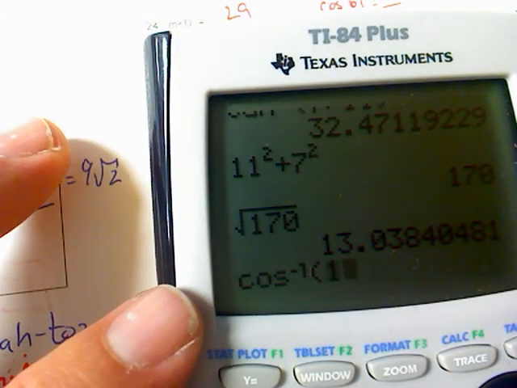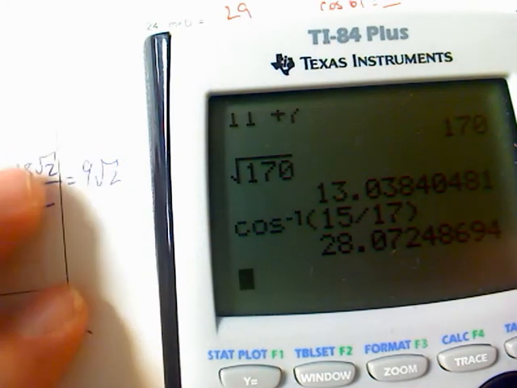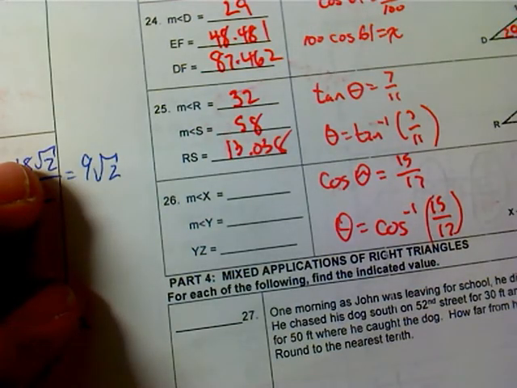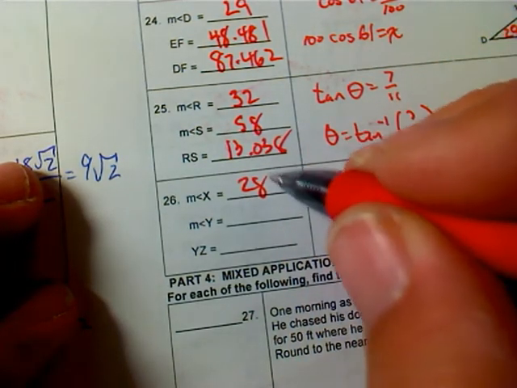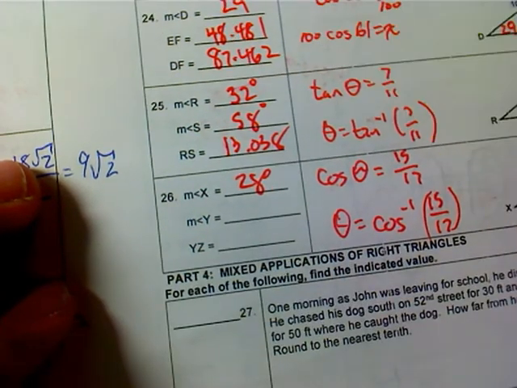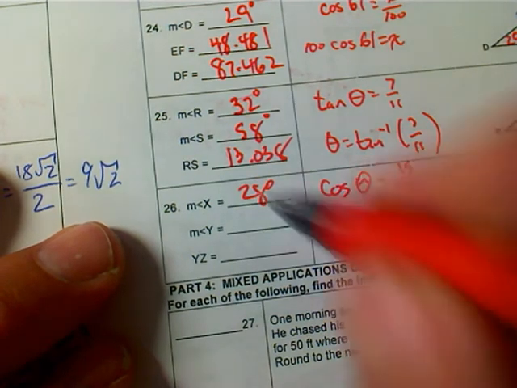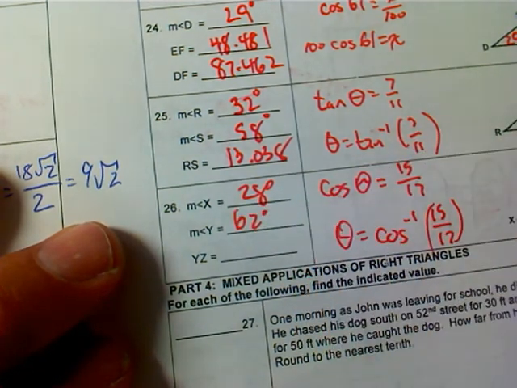The inverse cosine of 15 over 17, 28.072. Rounding that off, that's 28. I should put degrees on here. That's a good habit. Which means the other angle is 90 minus that. So this is 62 degrees.